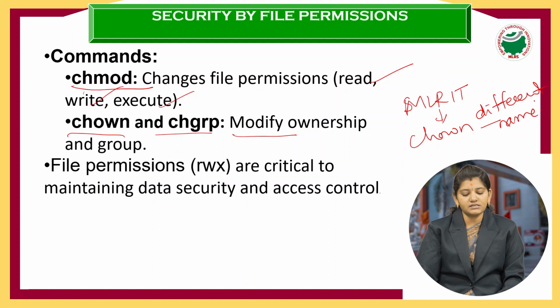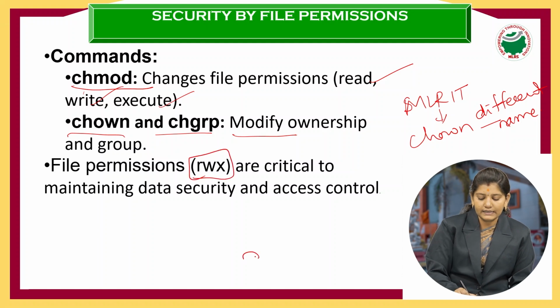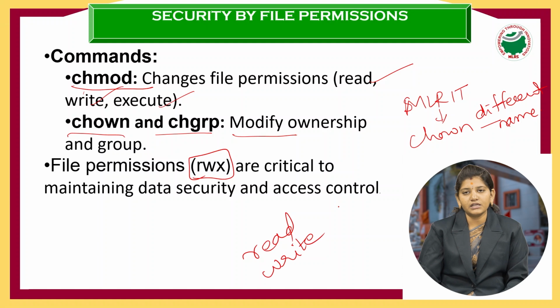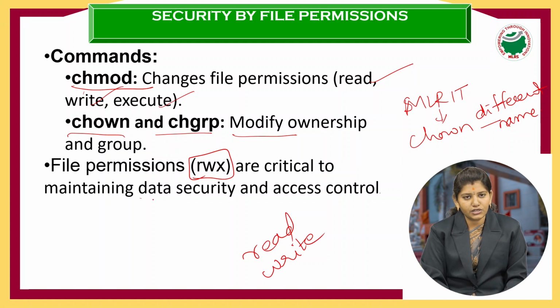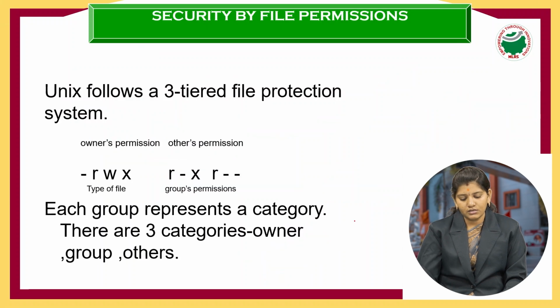Coming to file permissions, here we give a read permission and a write permission. To maintain data security, we need to give permission and access to the system, like data security and access control. R is the read permission, W is the write permission. So this is security by file permissions.